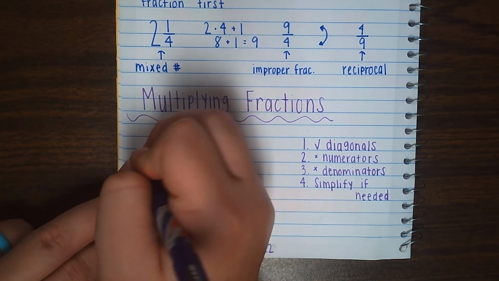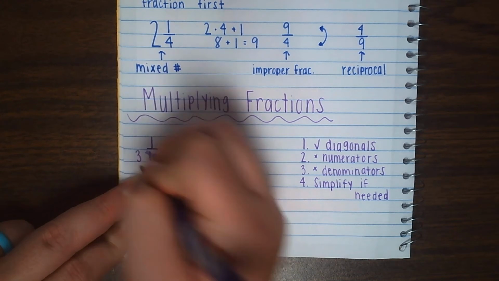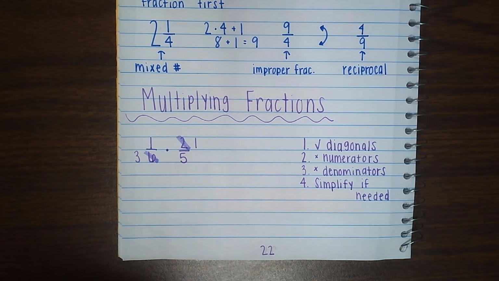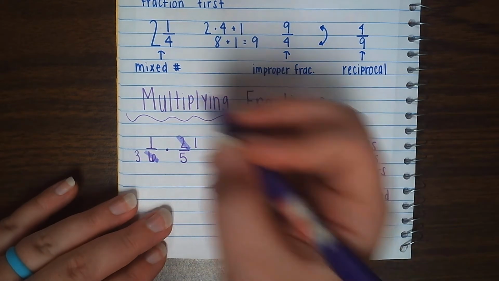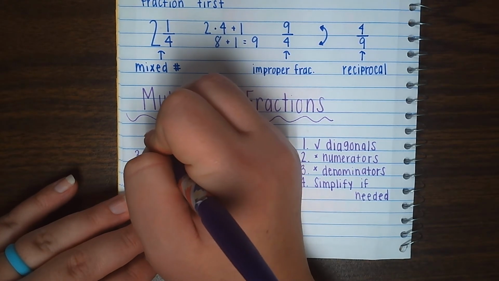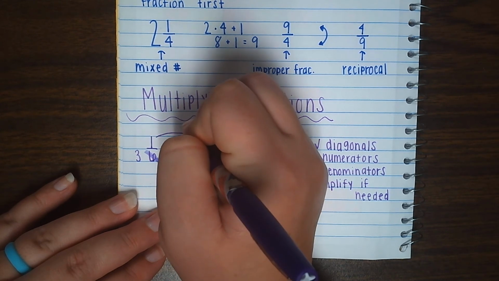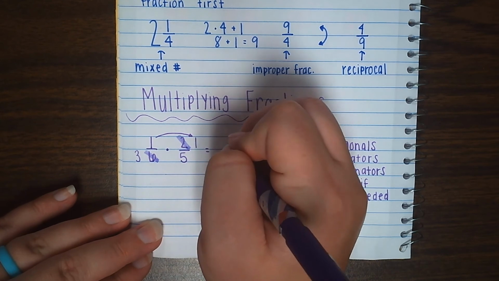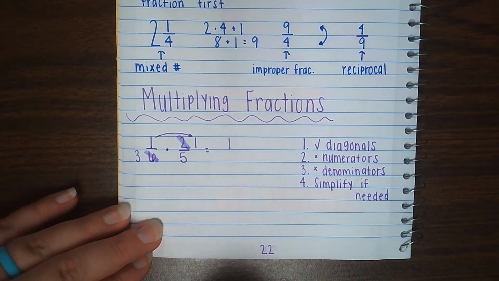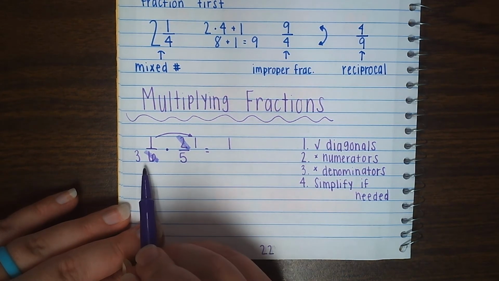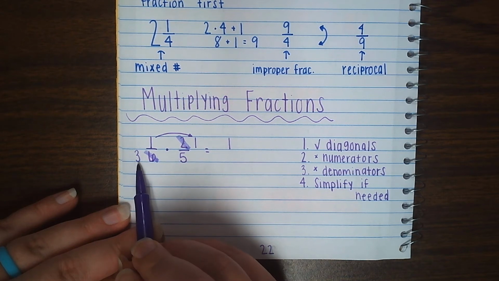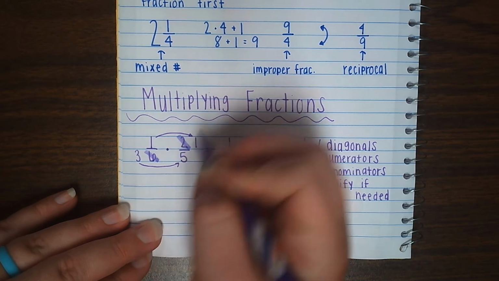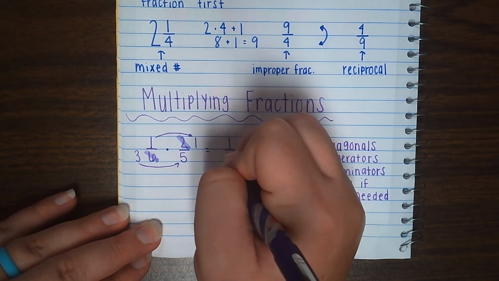And 6 divided by 2 is 3. Step 2 is to multiply my numerators. So straight across, I'm going to multiply 1 times 1 to give me 1. Same thing for step number 3, except now we're at denominators. 3 times 5 gives me 15.